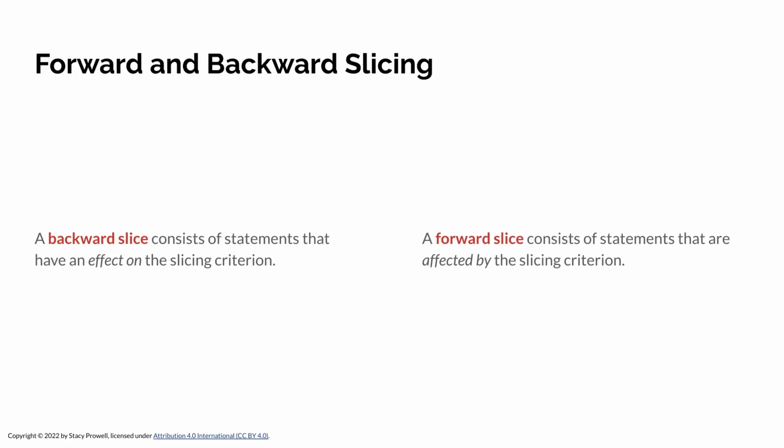I want to go back and figure that out. A forward slice is sort of just the opposite. It's the statements that are affected by the slicing criteria. So if I have a variable at a location with some value, what does that influence downstream? We're going to focus on backward slicing.